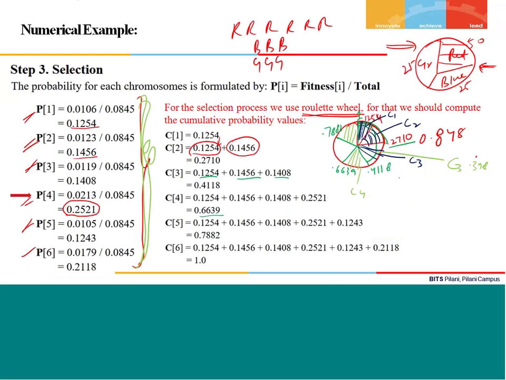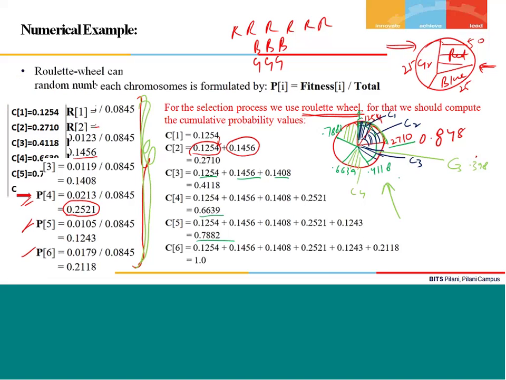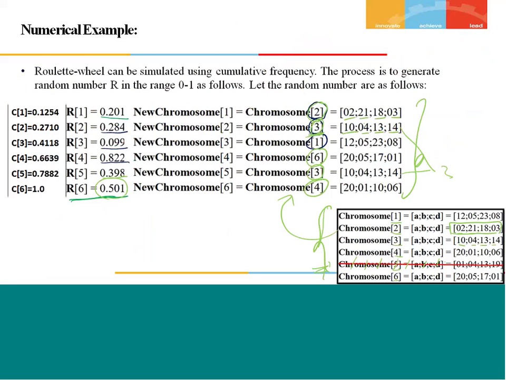It is like when I rotated my roulette wheel, and this is my indicator. When this roulette wheel stops, that second chromosome area will be in front of it. Right? When I rotate this roulette wheel again, my third chromosome area will be in front of the indicator. So likewise, I will rotate my roulette wheel 6 times. Every time it stops in front of the indicator, I will choose that chromosome.